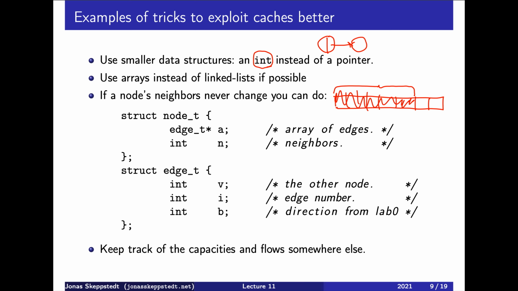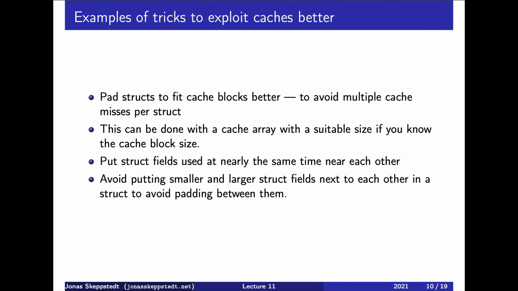But maybe we know that a short int is sufficient, that's 16 bits. That may be sufficient, and then we can use that, for instance, but not in the input that we have seen in the course.